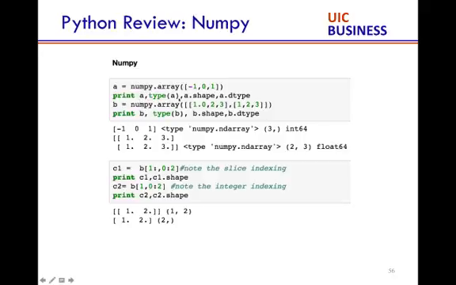When I write the type of that object A, it says numpy ndarray. But once I type dot shape, it tells me that the shape is 3 comma nothing, which means it's a one-dimensional array, which means it's a vector. And if I type dot dtype, it tells me the data type in this array, and it says integers because there were no floating numbers here.